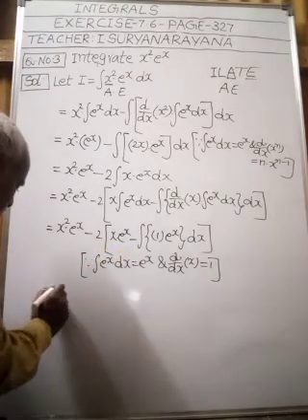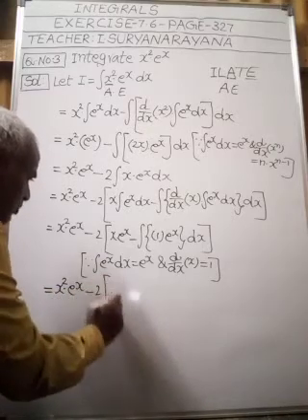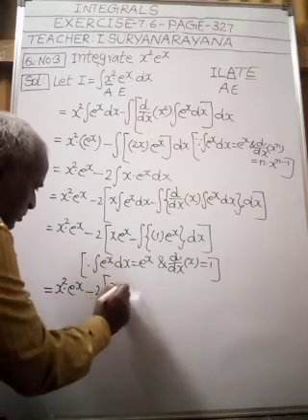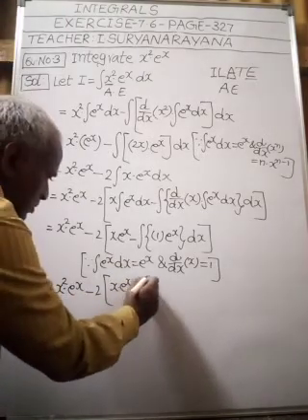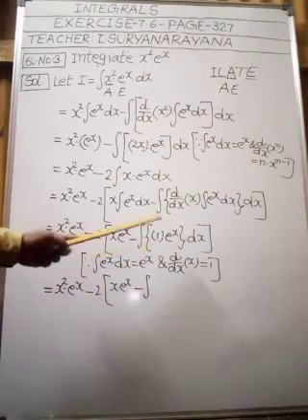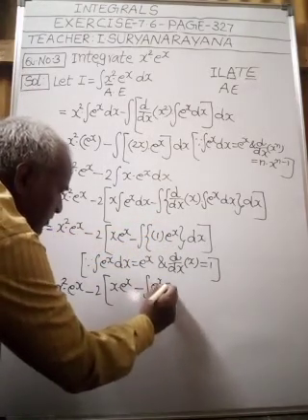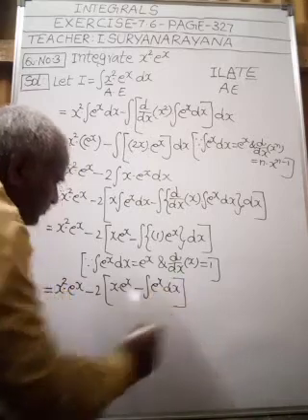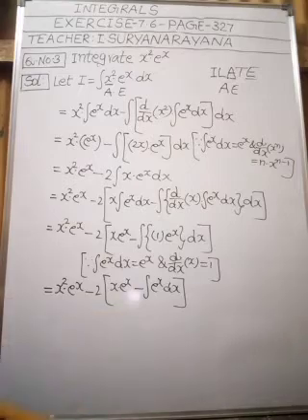That is equal to x square e power x minus 2 into x e power x minus integral, what you get? 1 into e power x, e power x. So integral e power x dx. Okay, my children, understood this part? Understood this step? Right.